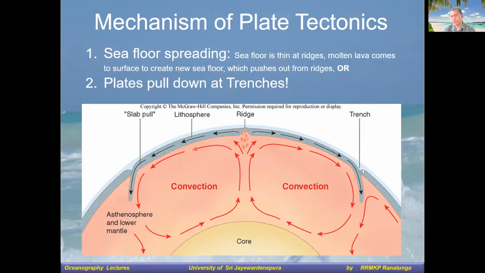At the ocean to continental convergent plate boundary, it is consumed like this. Now because of this, there is a convection current. It's a very slow convection current, and scientists believe this is the reason for the movement of the plates, right? So that makes the plates move a little bit slowly, right?